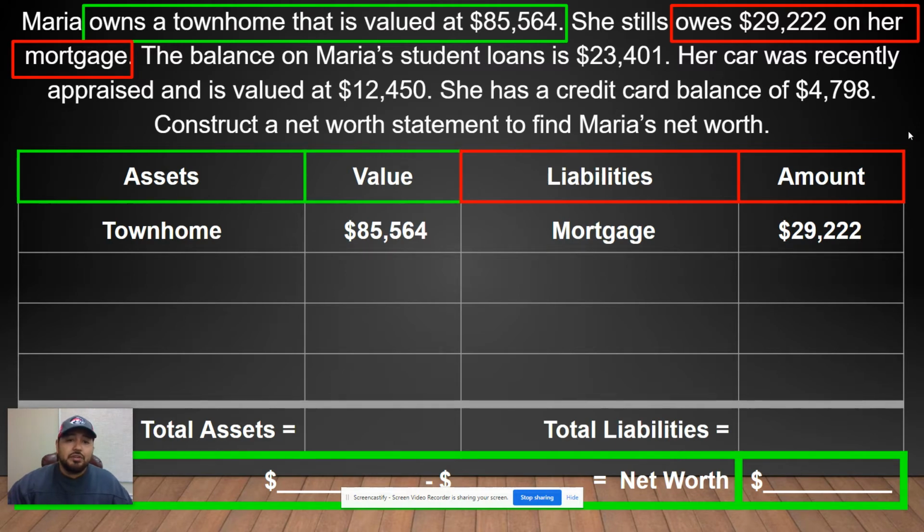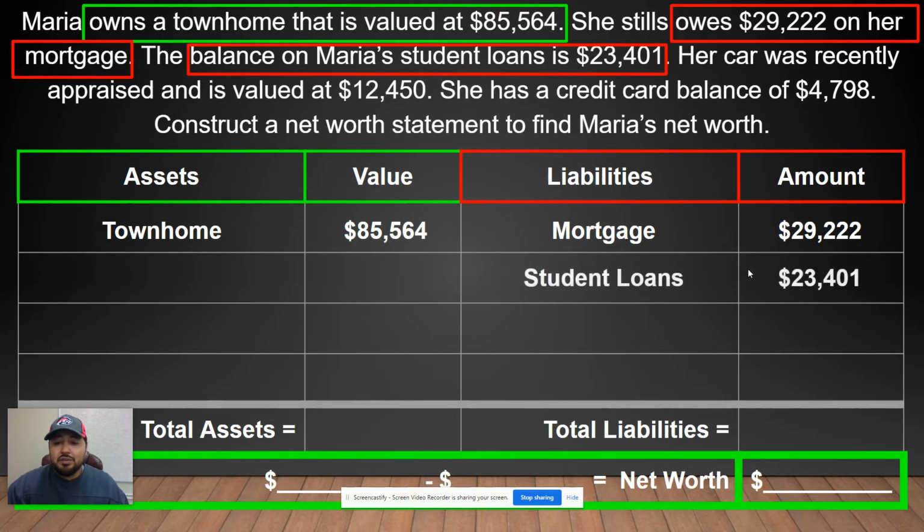The balance on Maria's student loans is $23,401. When it's called balance and loan together, that's going to be a liability. So I'm going to highlight it like that, and then it goes into the liability section just like this. So far she has this many liabilities and this much value.